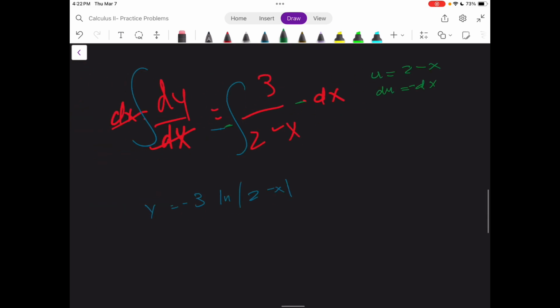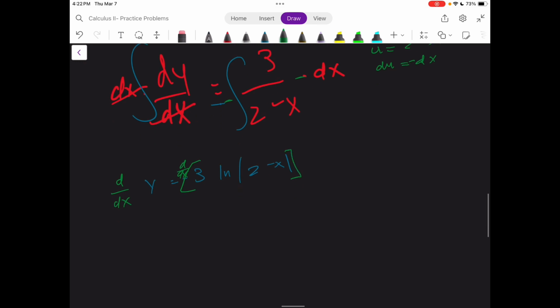Let's check that real quick. Let's take the derivative of y with respect to x, like we started with. So when we take the derivative, d over dx, of both sides, we have dy over dx equals, that negative 3 is going to come out of the derivative, and then we just have the derivative of ln of 2 minus x.